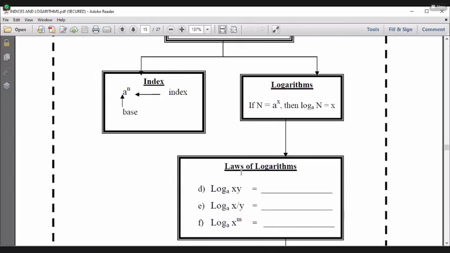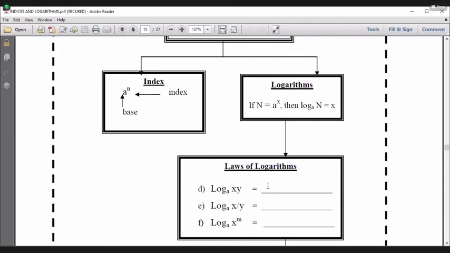What about the first one, log to base A of xy? What is the answer here? Log to the base A x plus log to the base A y. We studied so well the laws of logarithms. Abdikadir, can you tell us?